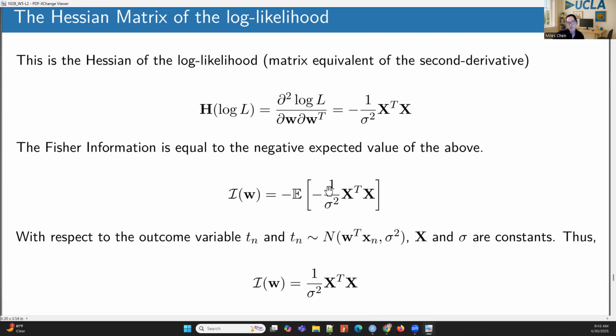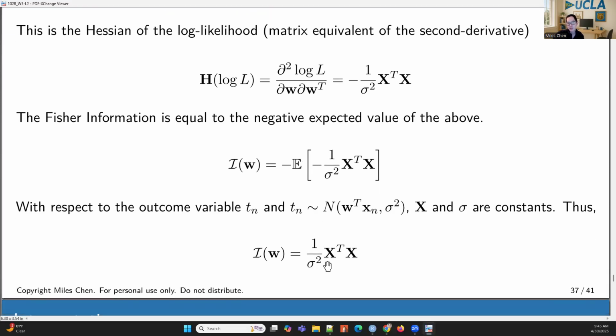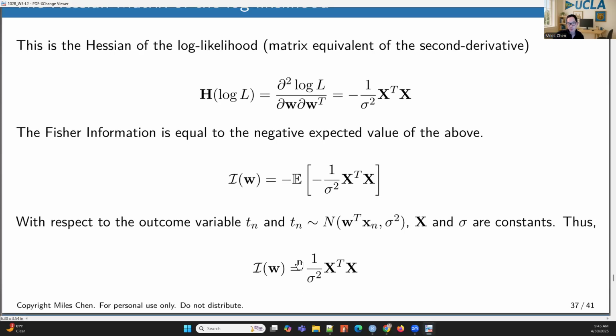And so the negative expected value of this is just going to be 1 over sigma squared X transpose X. These are constants when we're taking the expected value of t. We're not taking the expected value of X, because our input values X are constants.